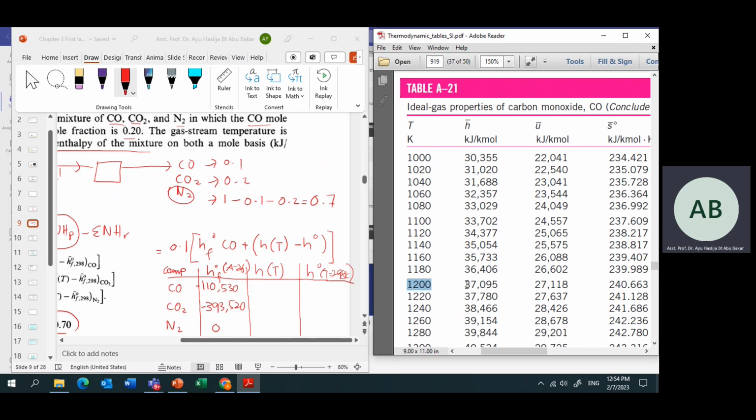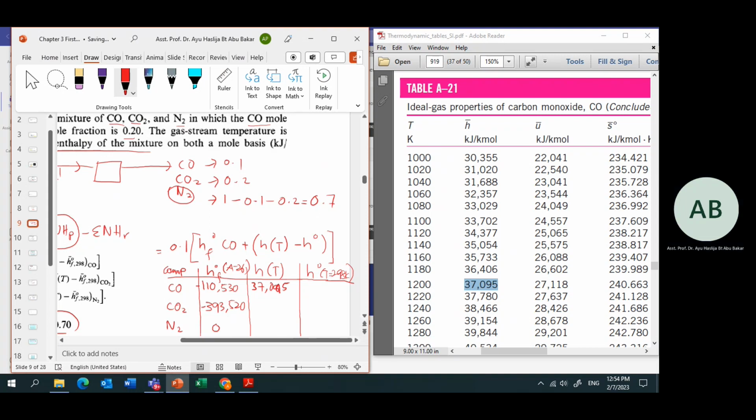So the value is 37095. Okay, at that particular temperature.